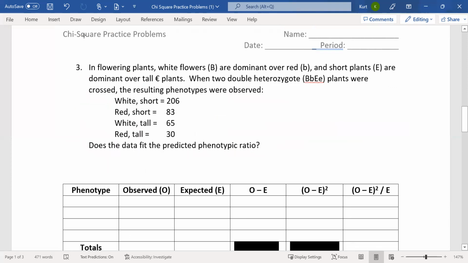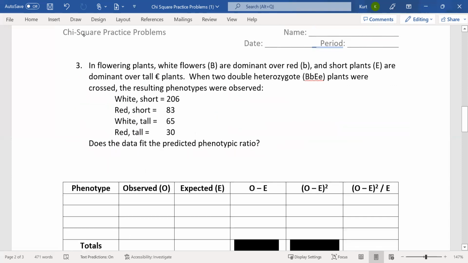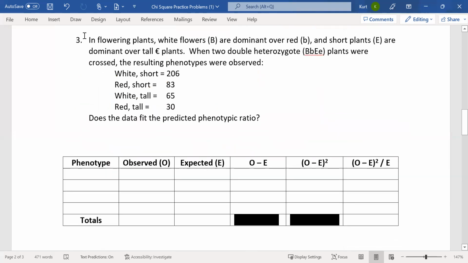All right, finally for today, number 3. In flowering plants, white flowers are dominant over red. Short plants are dominant over tall plants. I don't know why the euro symbol is in there. Typo. When 2 double heterozygote plants were crossed, the resulting phenotypes were observed.